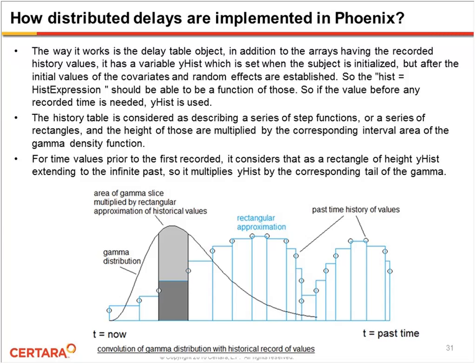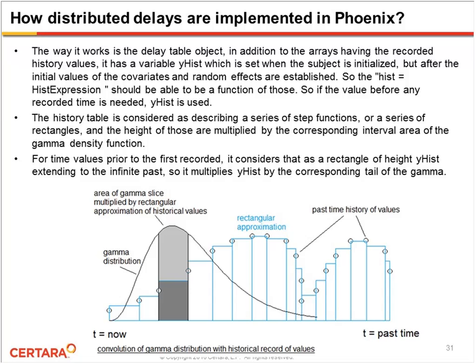Essentially what that means is that, since the gamma distribution has a peak, we're getting a higher representation of the values at the time of that peak, but we're also getting quantities due to values at other times.